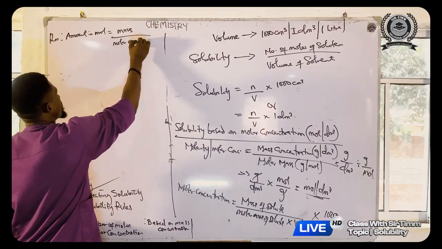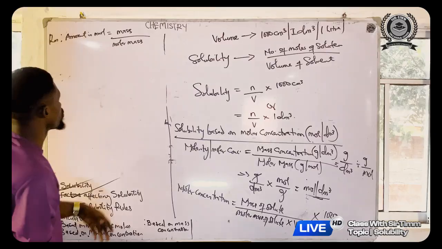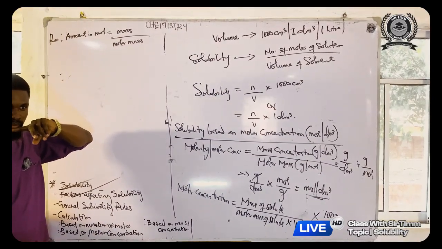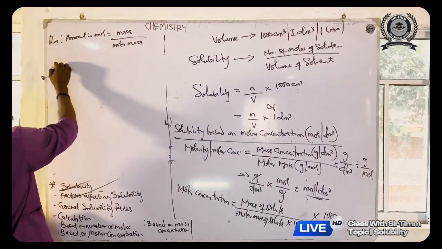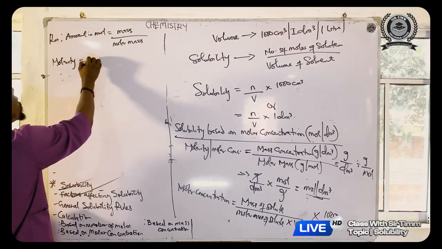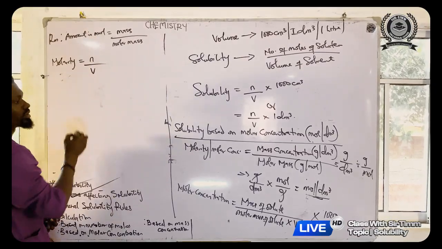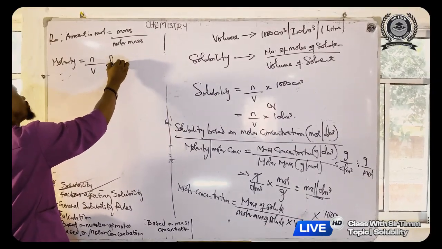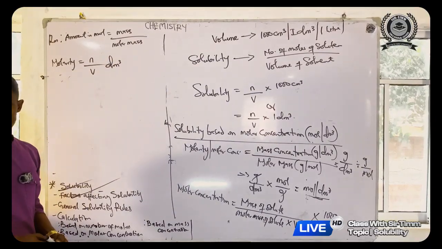So anywhere I see mass over molar mass, I can put my number of moles. Then molarity is equal to N divided by V, of course per dm3, except if not, I'll put times 1000. Are you with me?